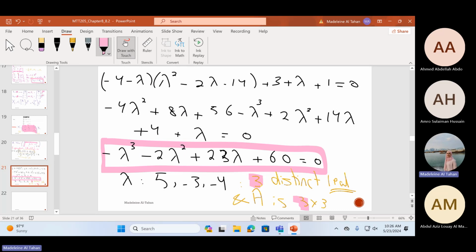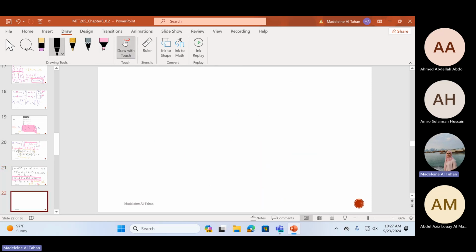So we will call them now lambda 1, lambda 2, and lambda 3. We will write now lambda 1 equal to 5, lambda 2 equal negative 3, and lambda 3 equal negative 4.